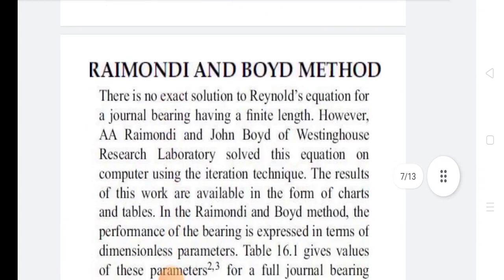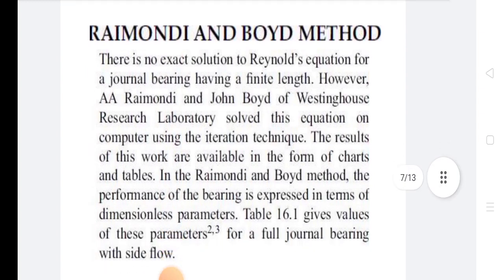So, in the Raimondi and Boyd method, there is no exact solution to the Reynolds equation for a journal bearing having a finite length. However, Raimondi and Boyd of Westinghouse Research Laboratory solved this equation on a computer using the iteration technique.